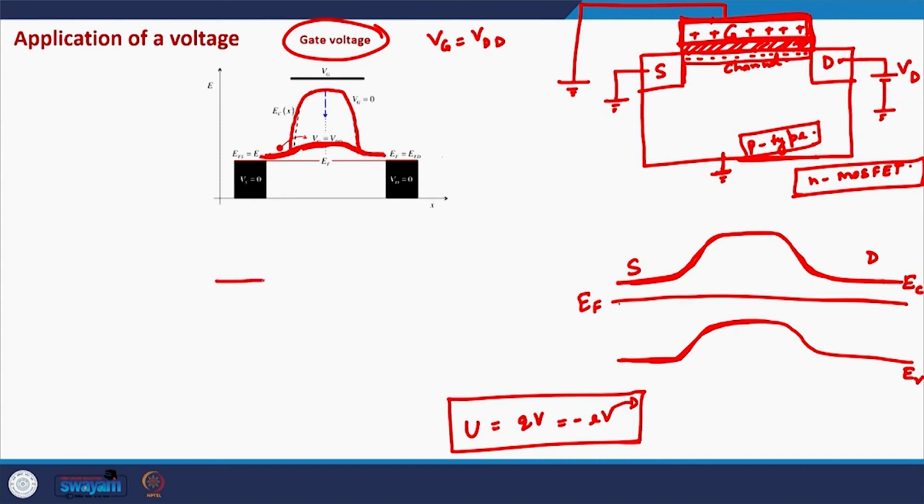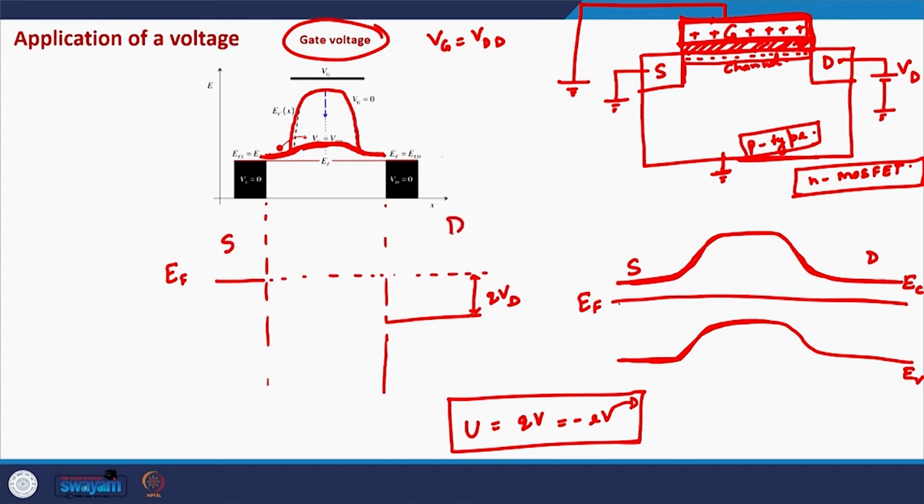the Fermi level on the source side is this, the Fermi level on the drain side is, let's say this is the device, the Fermi level on the drain side is now lowered by the value of Q times V, or Vd, if Vd is the applied voltage on the drain terminal.